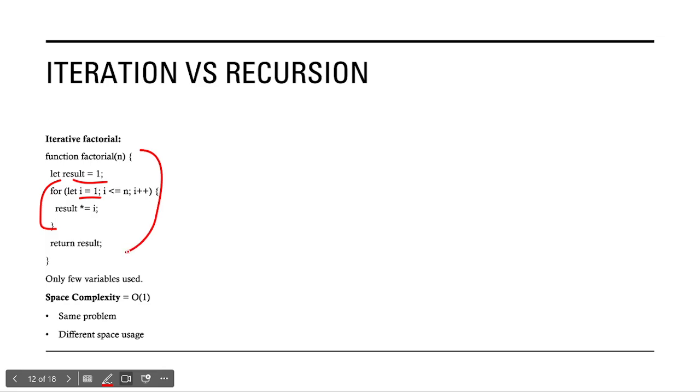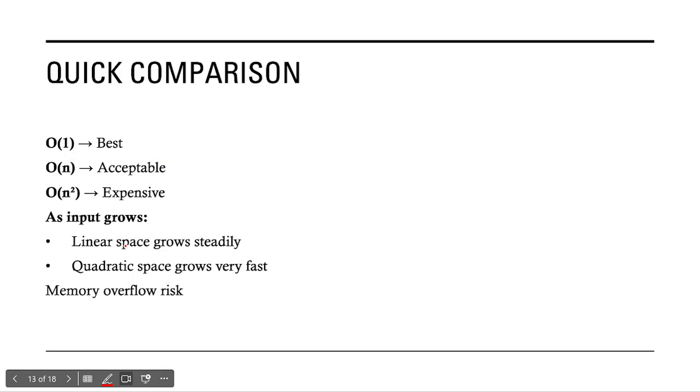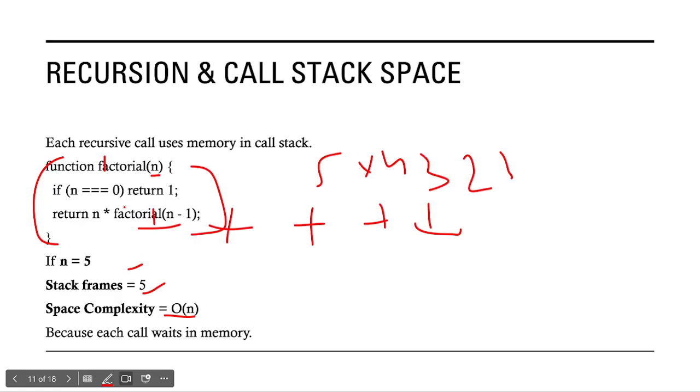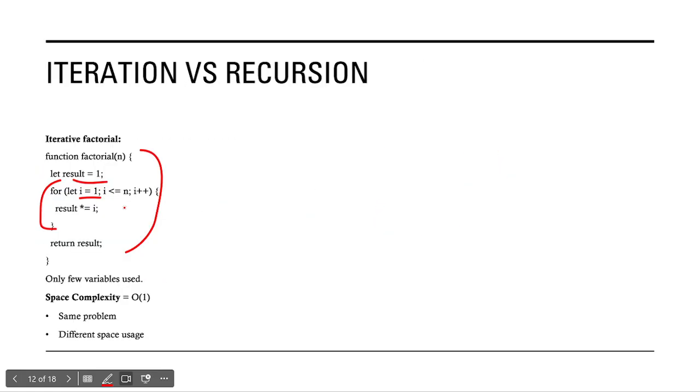This is very important from an interview perspective. Now let's see a quick comparison of space complexity. Big O of 1 is the best one, Big O of n is acceptable, but still we have to optimize it. Like here in factorial we get Big O of 1 with iteration and Big O of n with recursion.